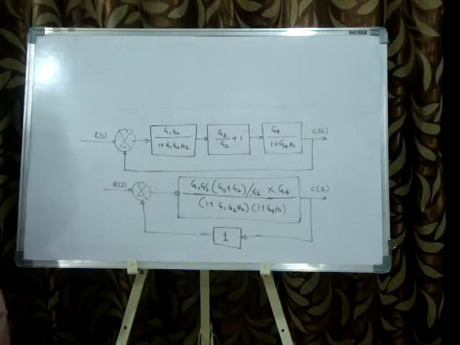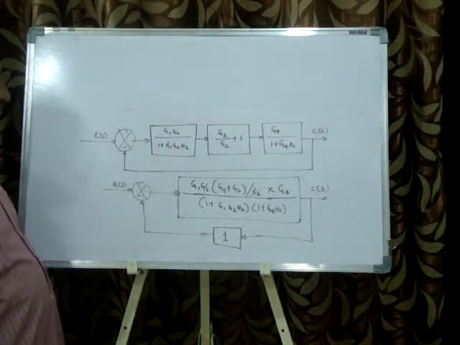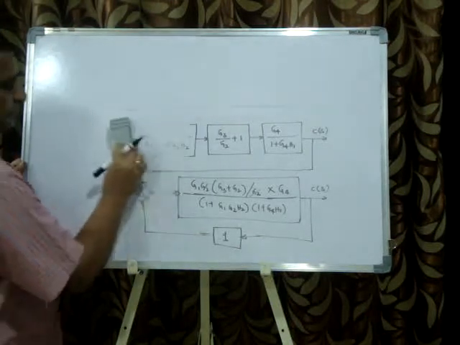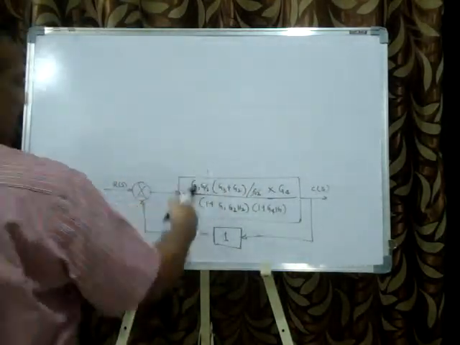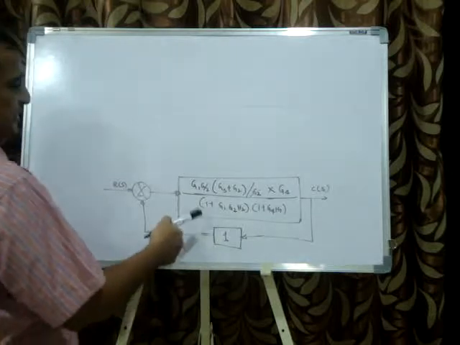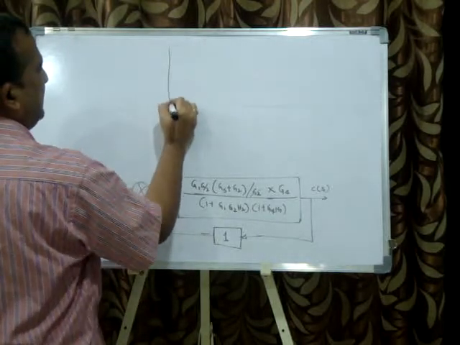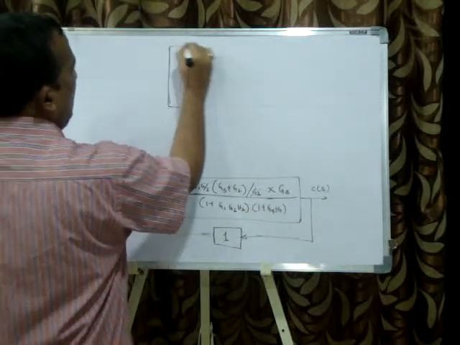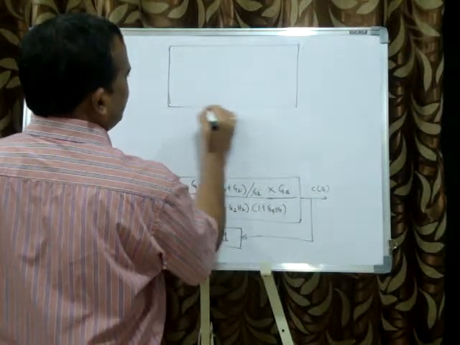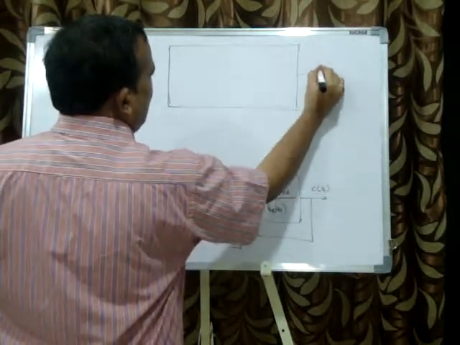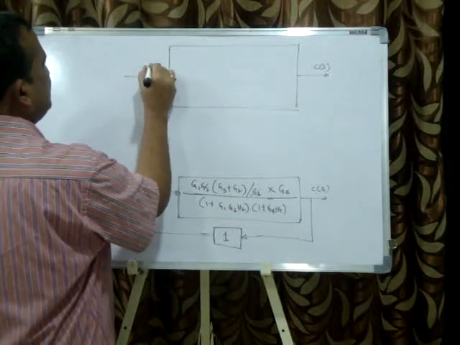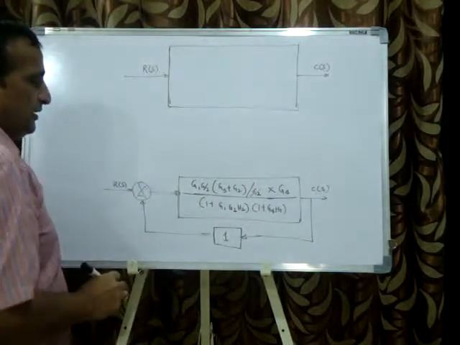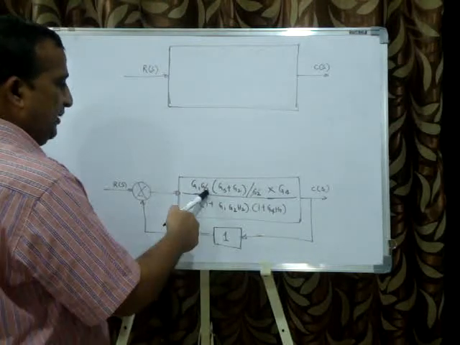Now there is a final step. This is the G of S feed forward element. This is a feedback. So I will take finally one block diagram. This is C of S. This is R of S. Now what happened?